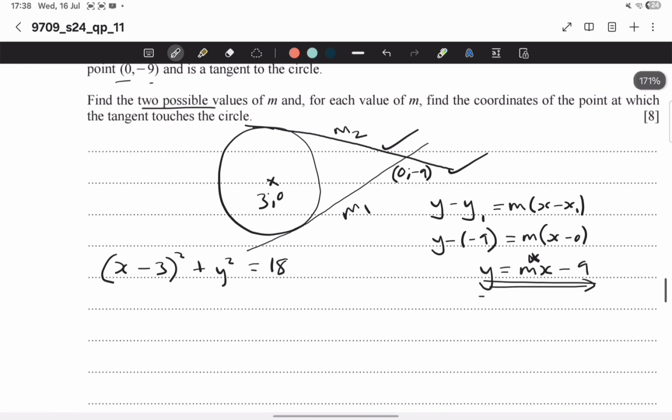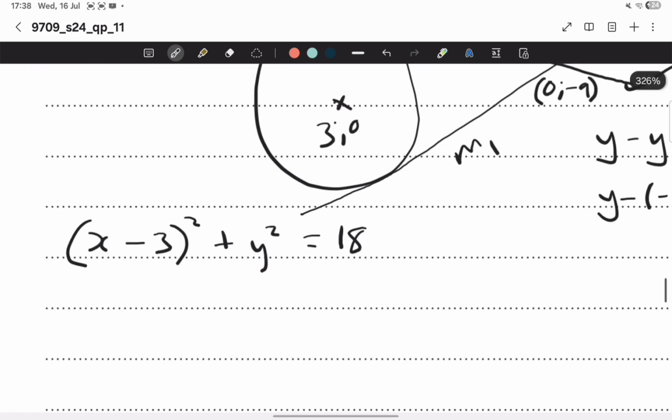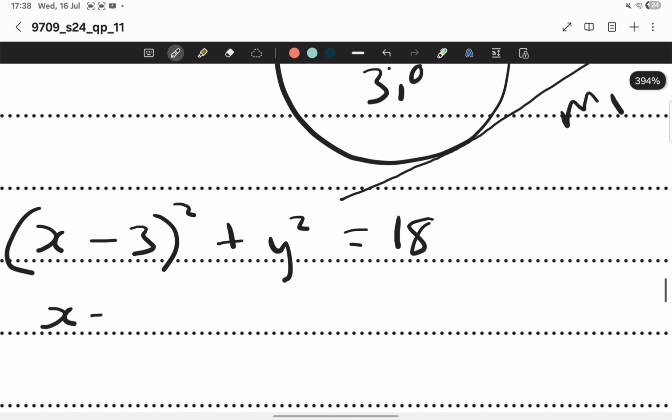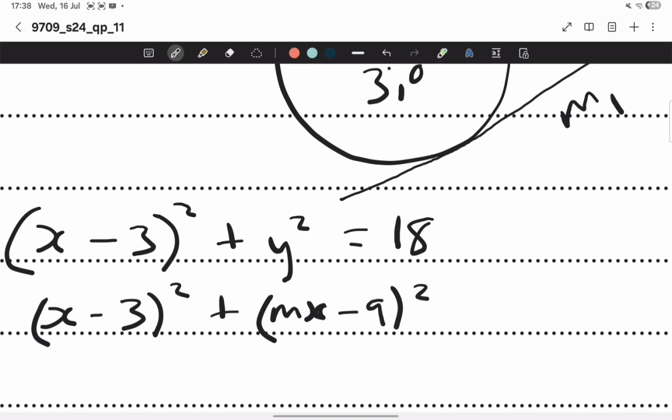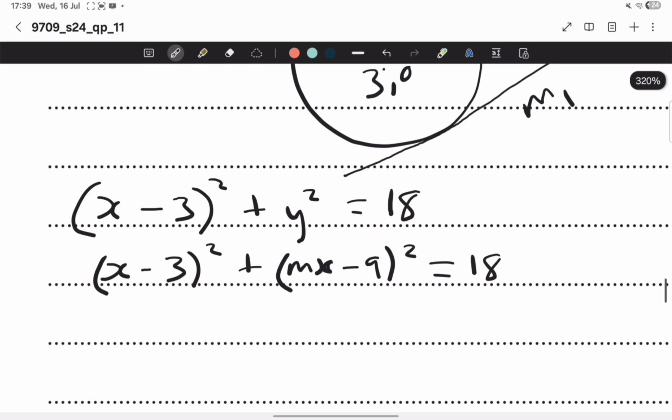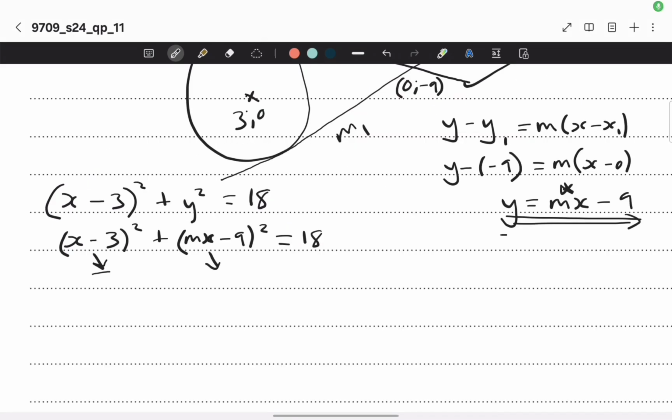Substituting, it will be (x − 3)² + (mx − 9)² = 18. We expand both brackets.